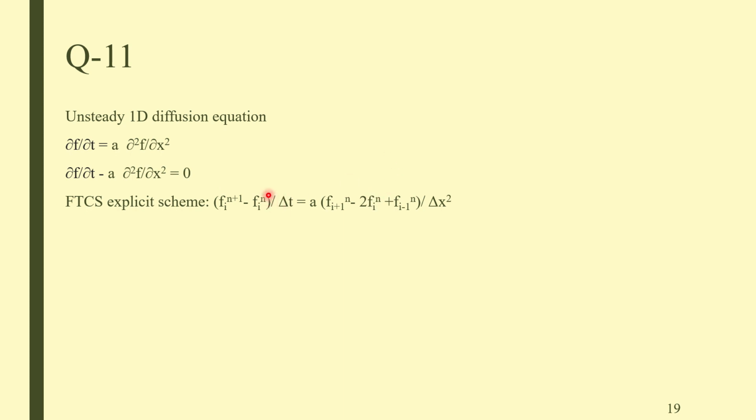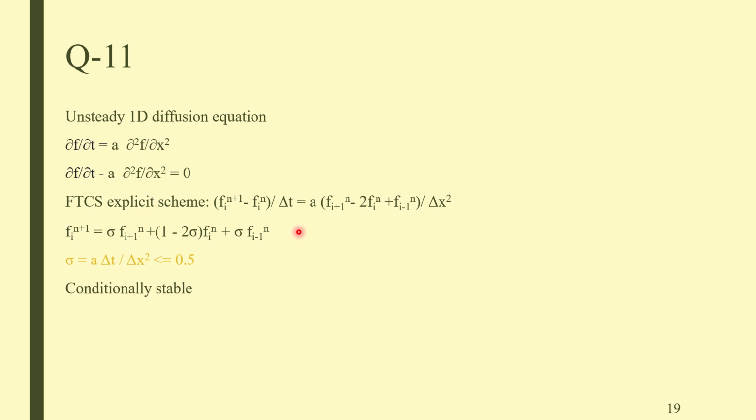So here delta t would go to that side and we would get a times delta t by delta x squared, which is replaced by sigma, and this is the final equation we would get for the explicit scheme. Here the most famous condition is that sigma should be less than or equal to 0.5. So here it is a conditional stability. We are imposing some condition for attaining stability. So the FTCS explicit scheme is conditionally stable.